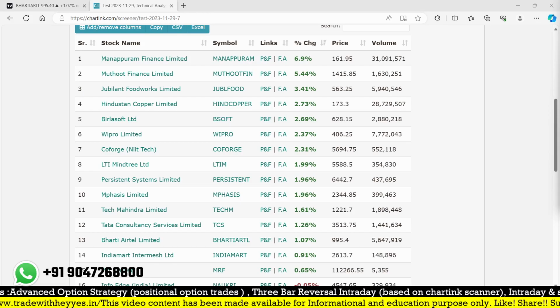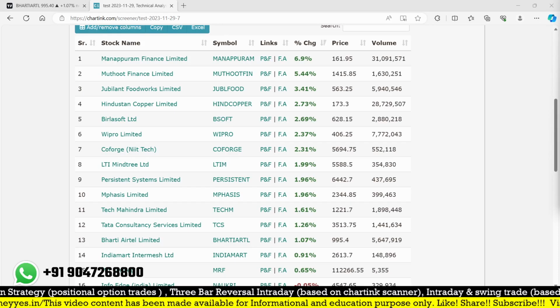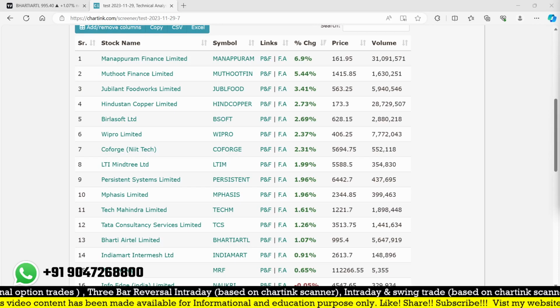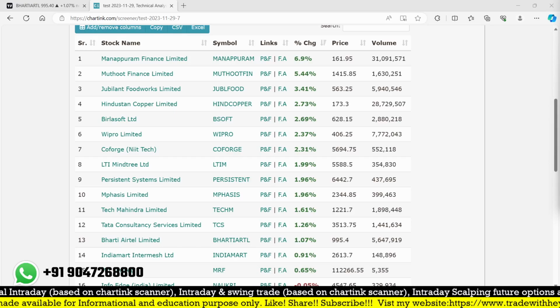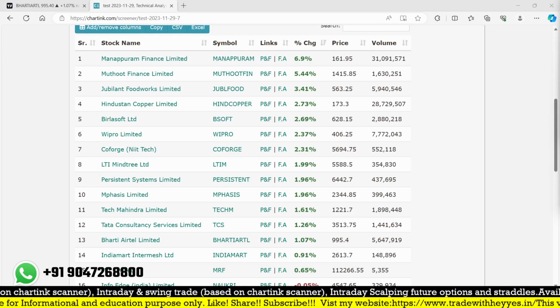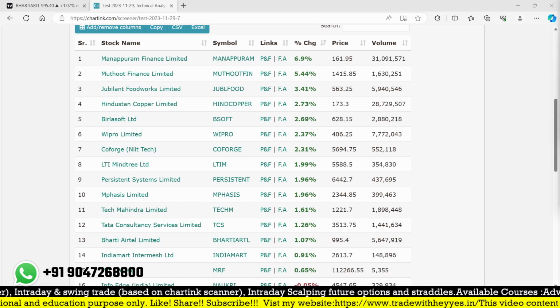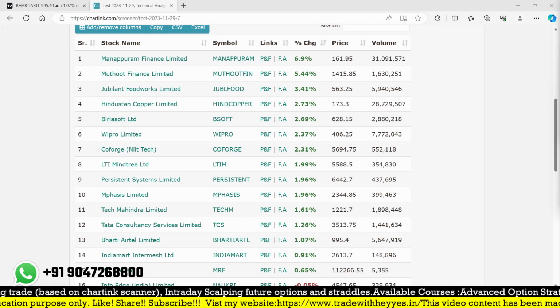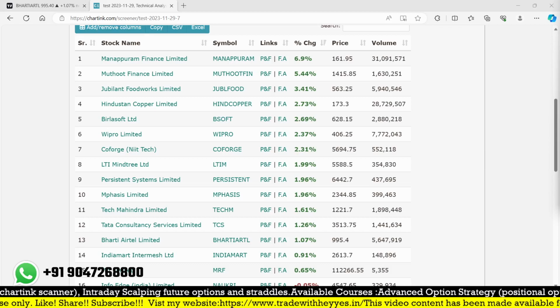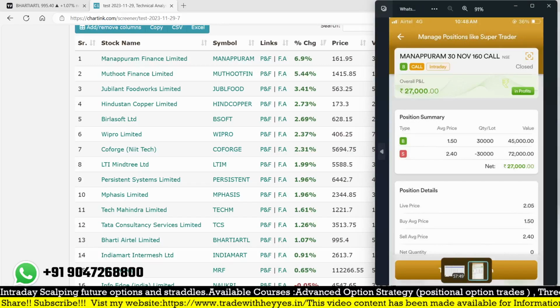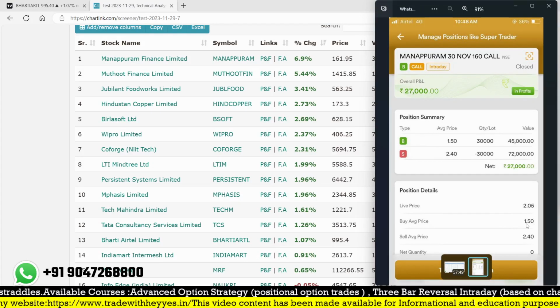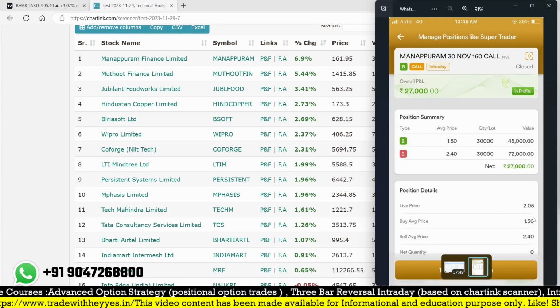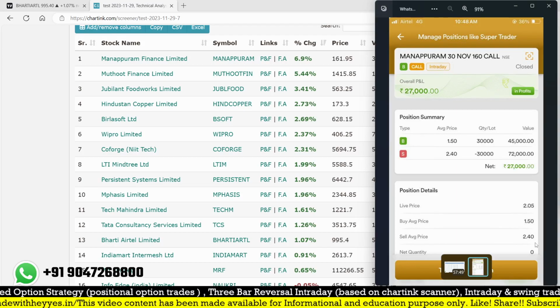On a testing basis, I tried it, and this indicator looks good and works better. Yeah, this is one. In Manappuram, we took around 1.5 as the buying average and closed around 2.4, so 90 paisa.